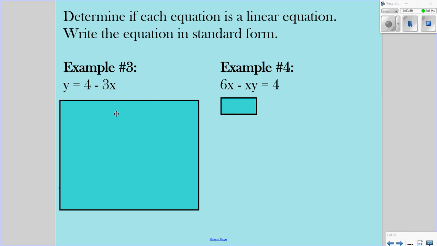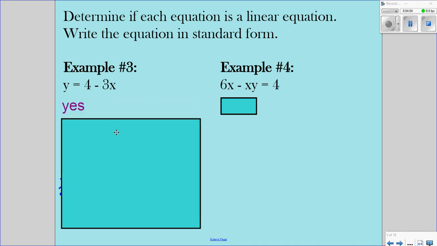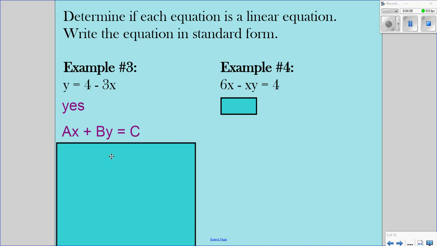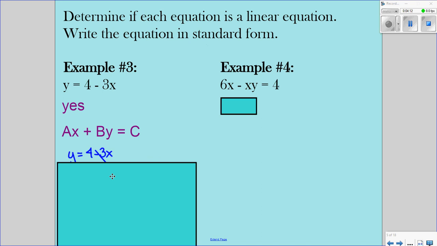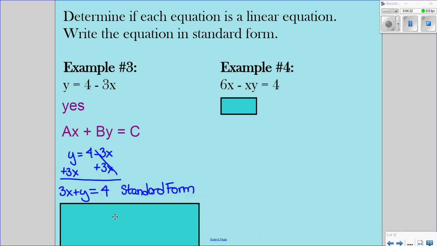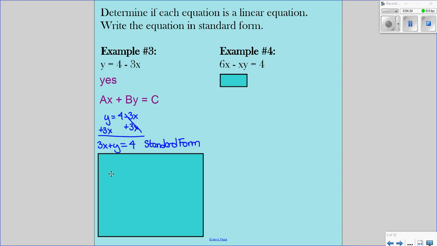So yes. Now once it is a linear equation, turn it into standard form. We have to write it in this form, ax plus by equals c. So whatever we have, which was the original, we're going to add 3x on both sides. And then we're going to have 3x plus y equals 4, which is in its standard form.